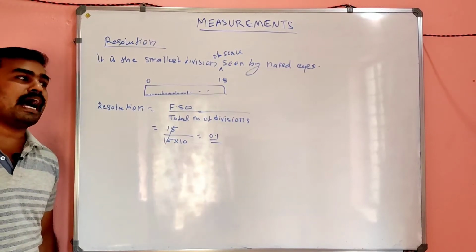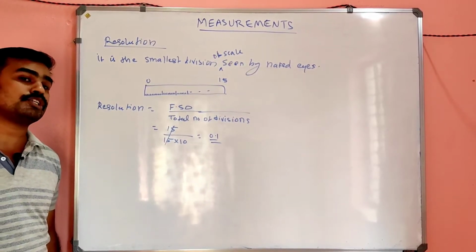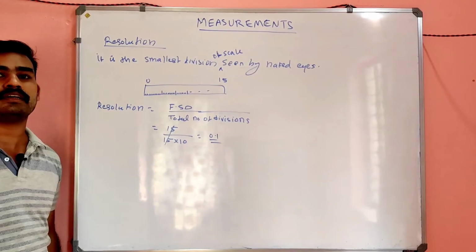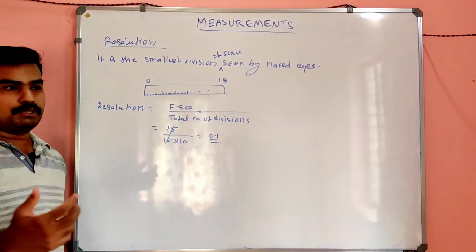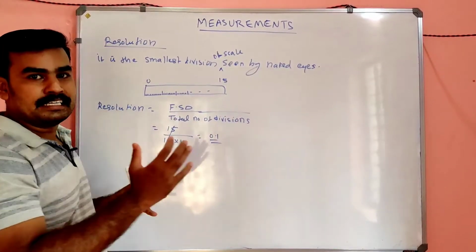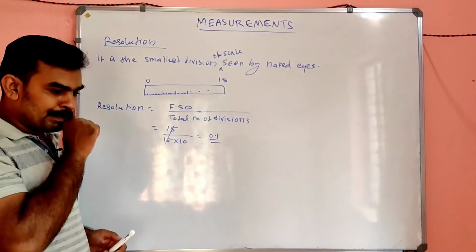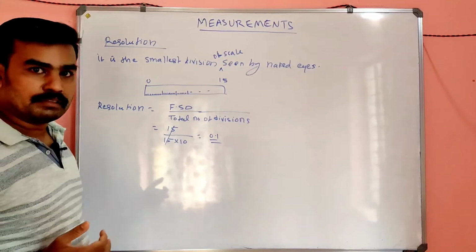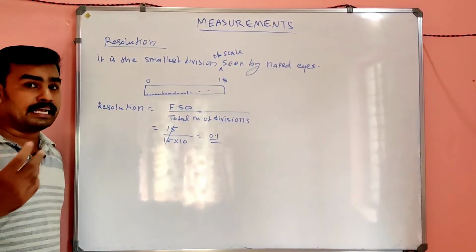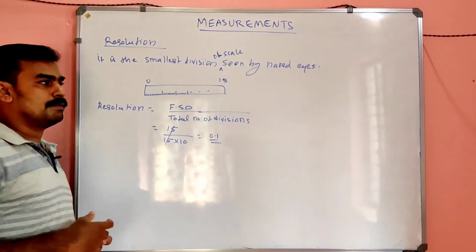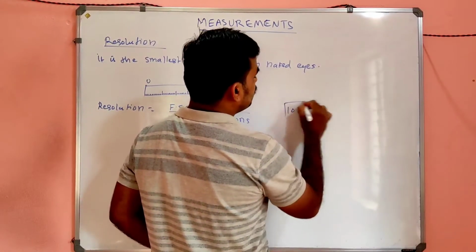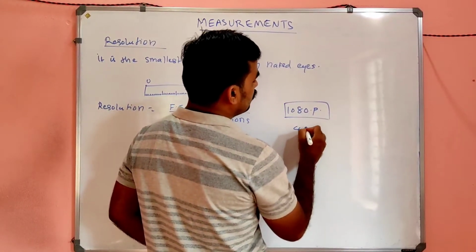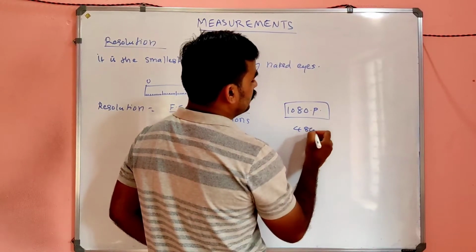Okay. So what is the meaning of high resolution? For example, suppose you are seeing an HD movie. An HD movie is a very high resolution movie. Suppose one is a 1080 pixel movie and the other is a 480 pixel movie.